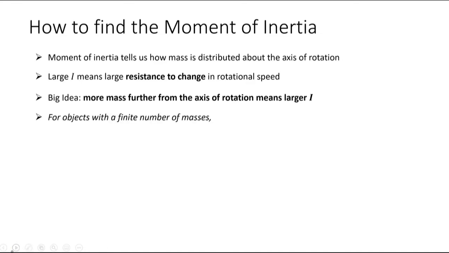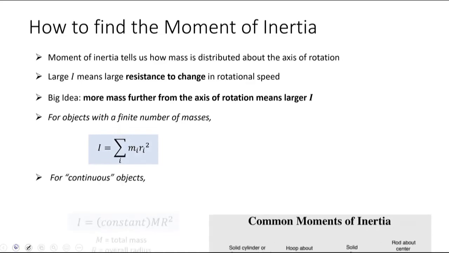So then we also learned on the last slide that if you have objects with a finite number of masses, or if you can take your object and easily break it up into little discrete bits of mass, then we can calculate the moment of inertia using the sum of all the little bits of mass multiplied by their distances from the axis of rotation squared.